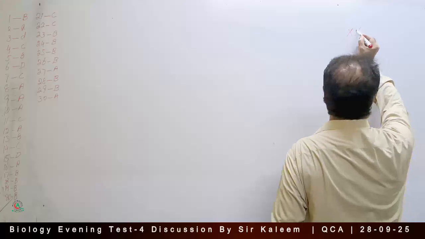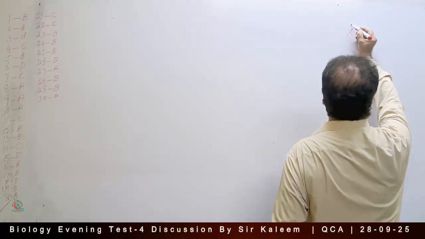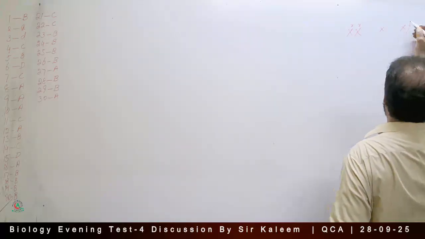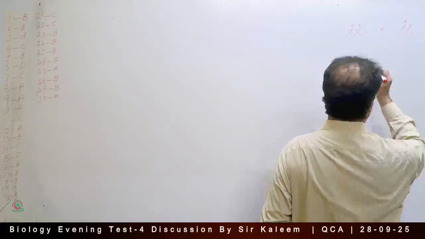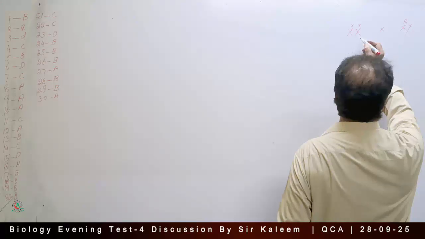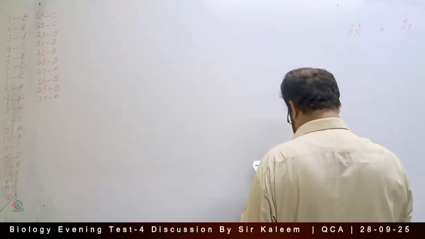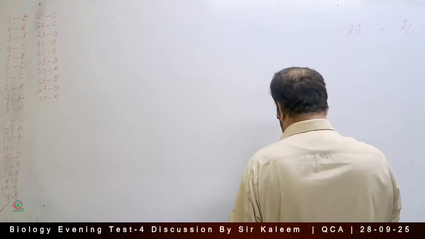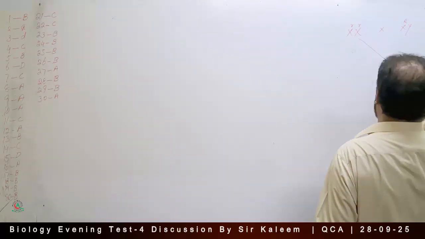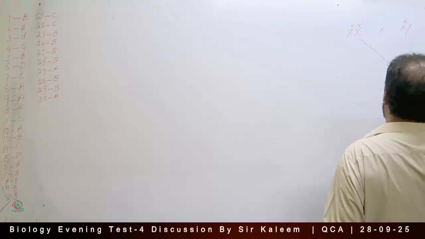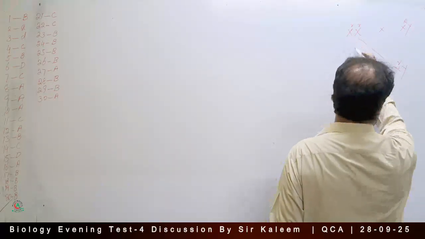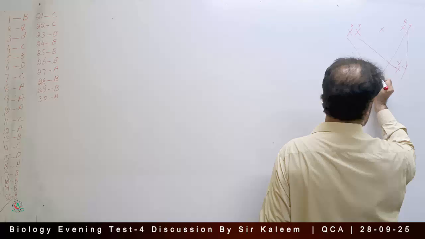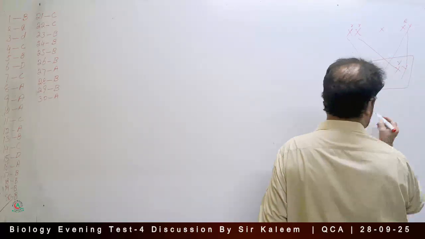When we cross a white-eyed female with a red-eyed male, what will be the probability of male offspring having white eyes? A male always receives the X chromosome from his mother and the Y chromosome from his father. So all males will be white-eyed.